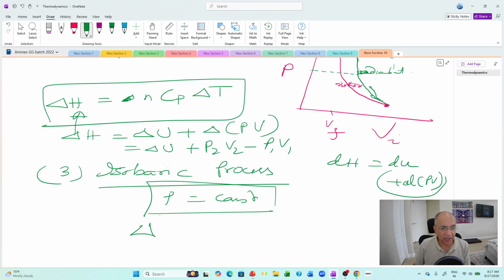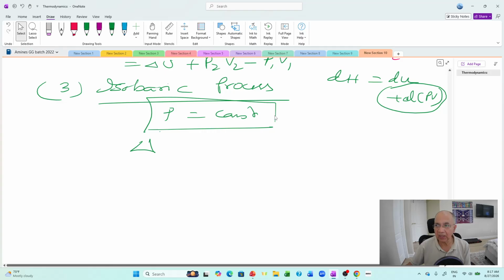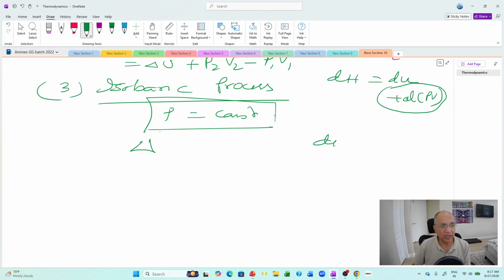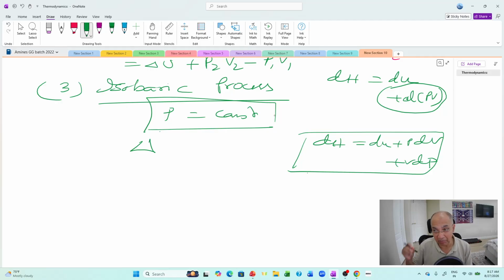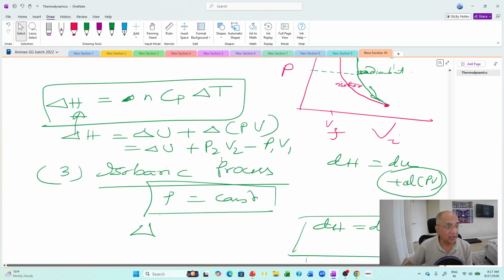So in place of this, we can write dU plus P dV plus V dP. So those things will be done on a differential scale, in an infinitesimally small scale. But on a large scale, it reduces to P2 V2 minus P1 V1. But we don't need this. Simply Cp delta T will give you del H.